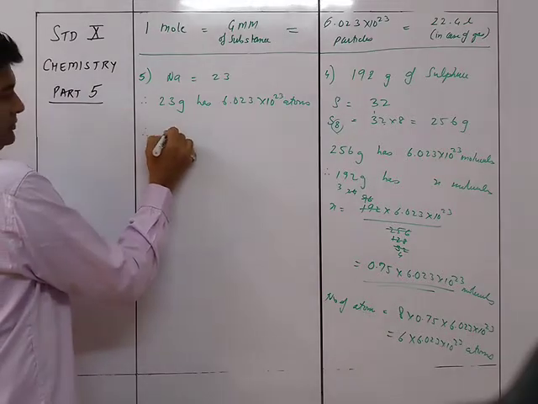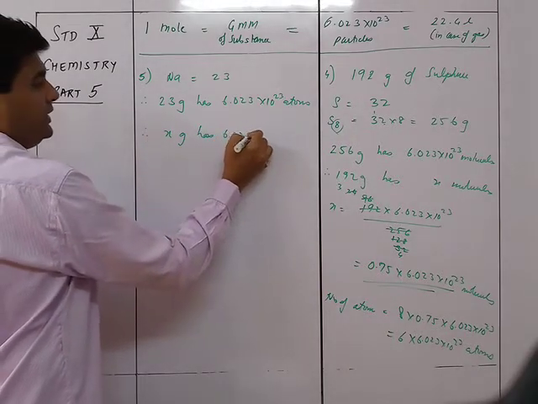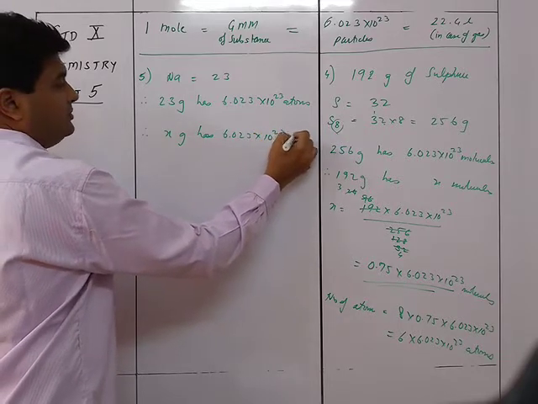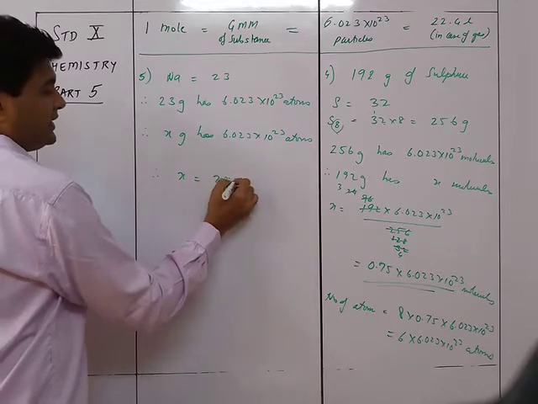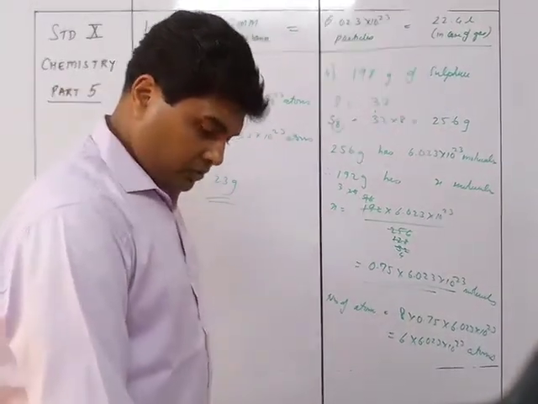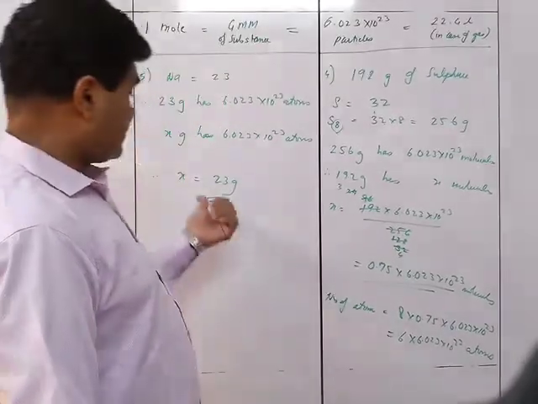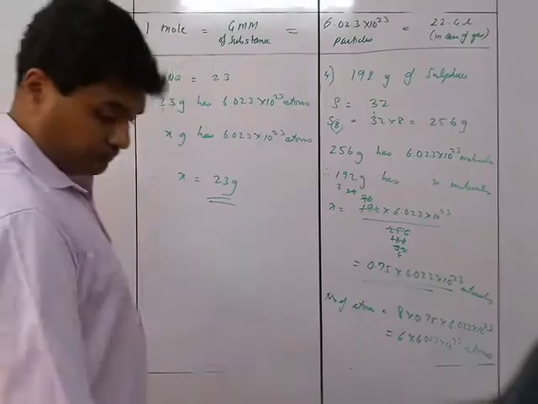Therefore, again x grams has 6.023 into 10 raised to 23 atoms. Therefore, x is equal to 23 grams. Very simple sum. So you wanted the mass of Na, the mass of Na was 23 grams. Because it's the same thing, right?